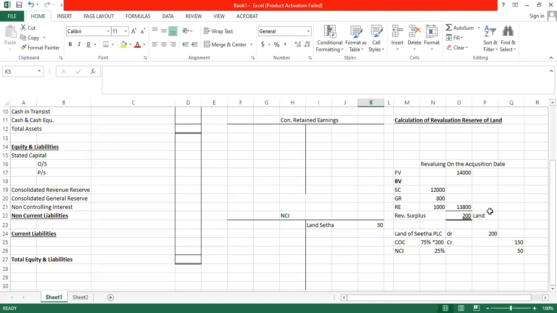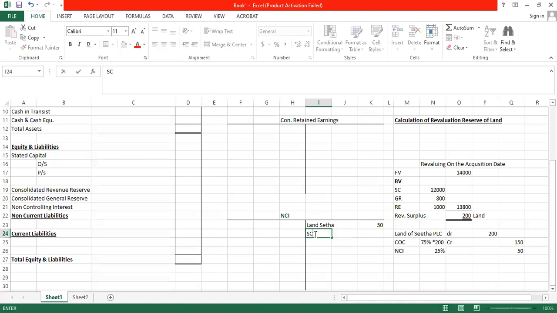So what about the rest of the 25% of the stated capital of Sita PLC? It's owned by the minority party. So non-controlling interest. That doesn't belong to us, it doesn't belong to the parent. It belongs to some other party. So it should be credited.